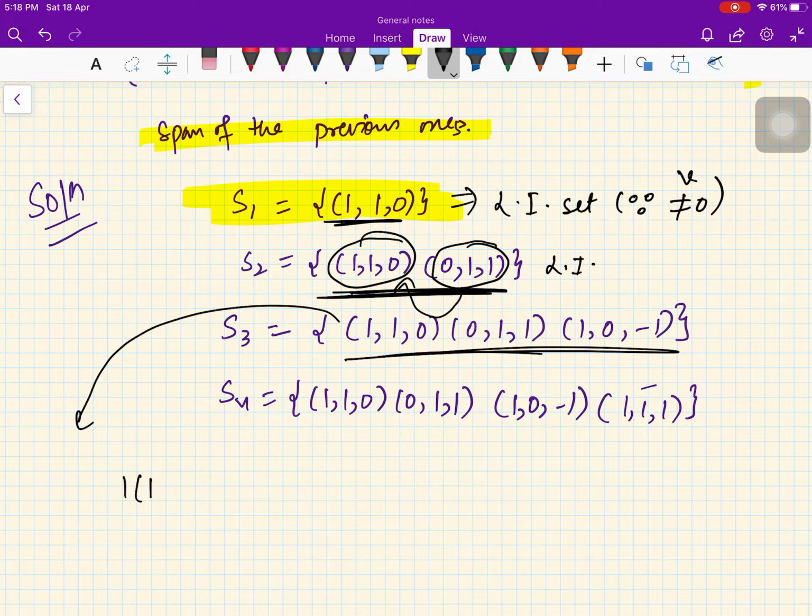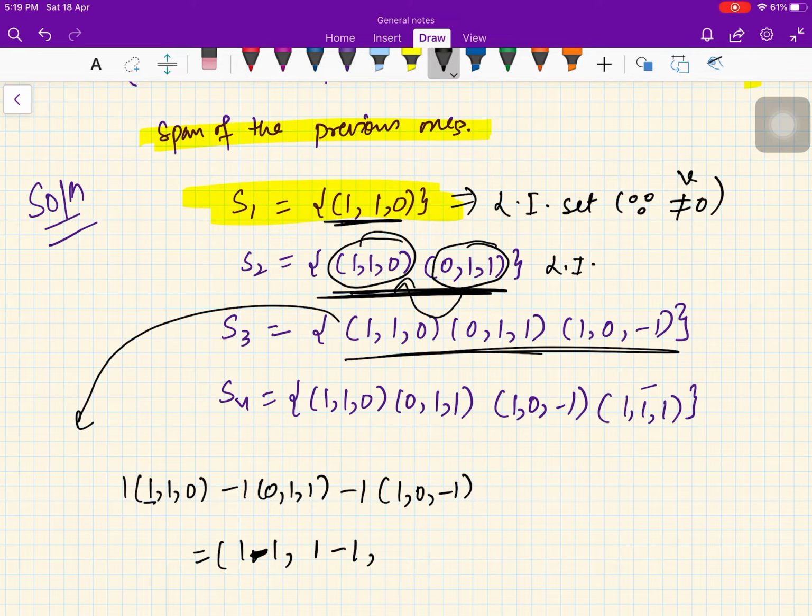Now here you think about something. Very easily I can write 1 into (1, 1, 0) minus 1 into (0, 1, 1) minus 1 into (1, 0, -1). You see what you will get? You will get 1 minus 1, second element is 1 minus 1, third element is 0 minus 1 plus 1, so you get (0, 0, 0).